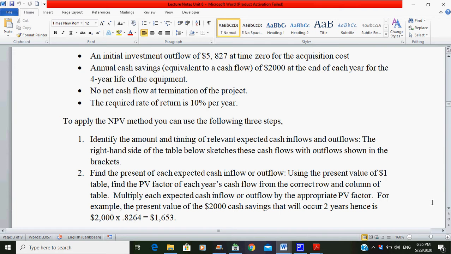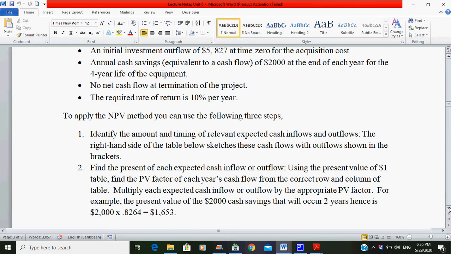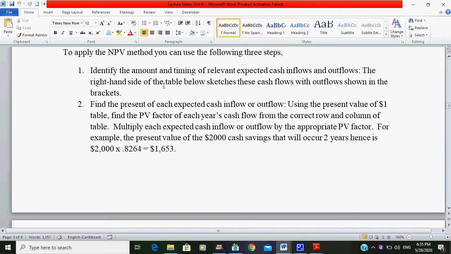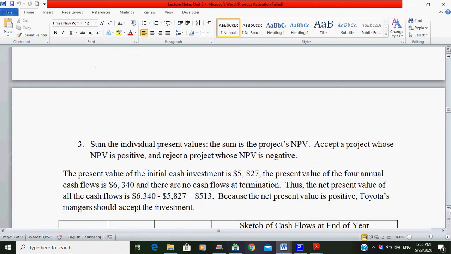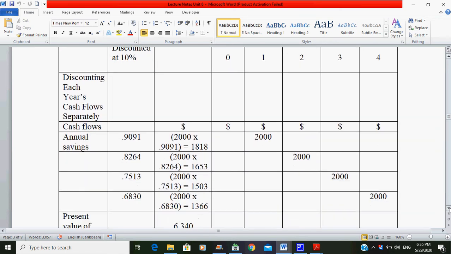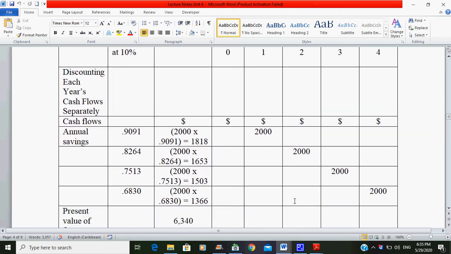So the first thing you do is identify the amount and timing of relevant expected cash inflows and outflows. Alright, let's look at the table now. The right hand side of the table sketches these cash flows with outflows shown in brackets.